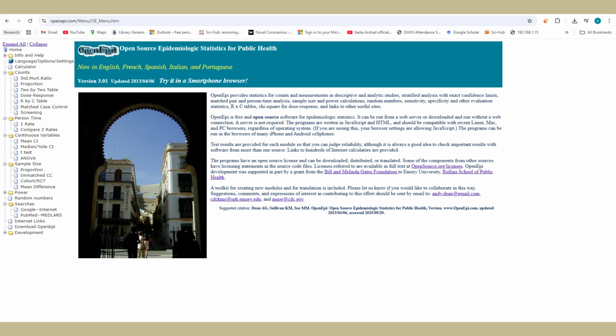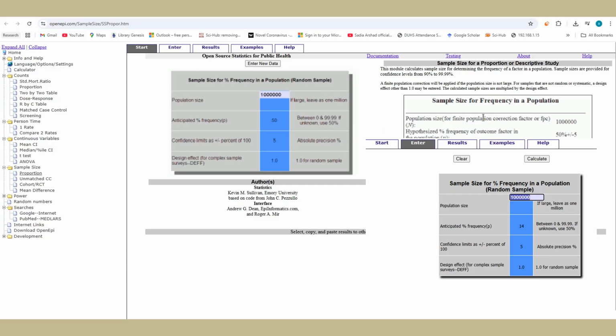Here we have the sample size calculation software, online software, OpenEpi. In OpenEpi, we go to sample size, proportion formula. Here we put the anticipated frequency, confidence limit 5%, and design effect equal to 1.